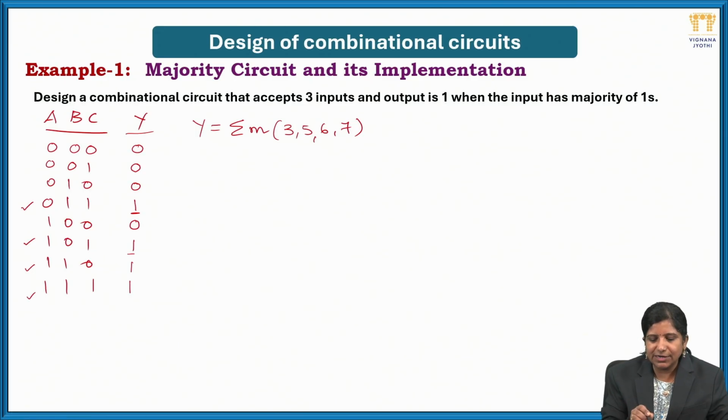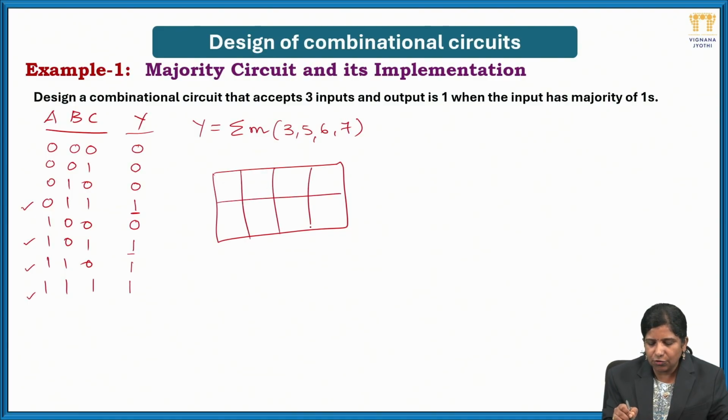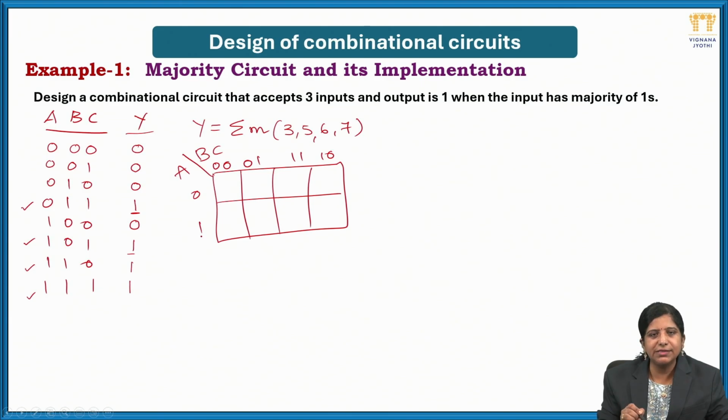Once the minterms are written, you have to find out the output expression. From the truth table, you can write down the output expression directly, or you can simplify it by using the 3-variable K-map. So draw the 3-variable K-map. A, B, C are the inputs, with 00, 01, 11, 10. This is a K-map representation for 3 variables.